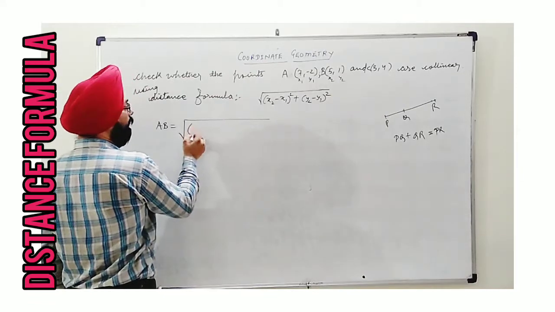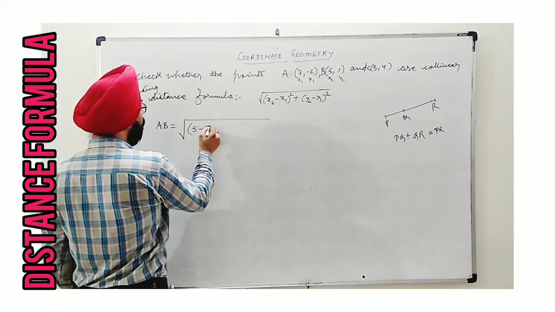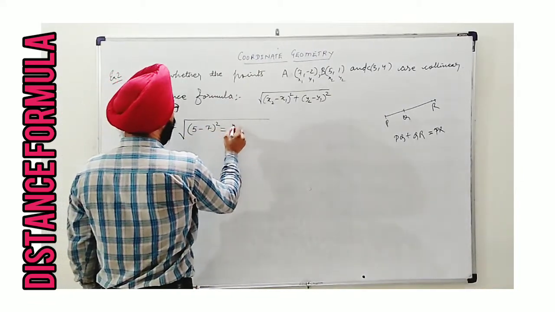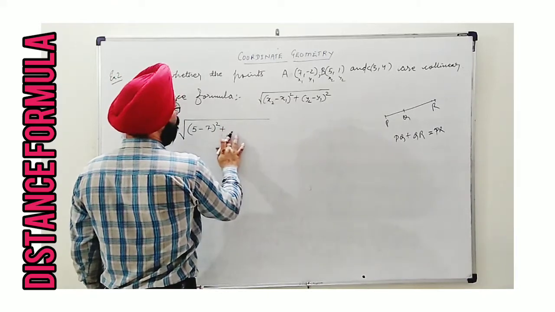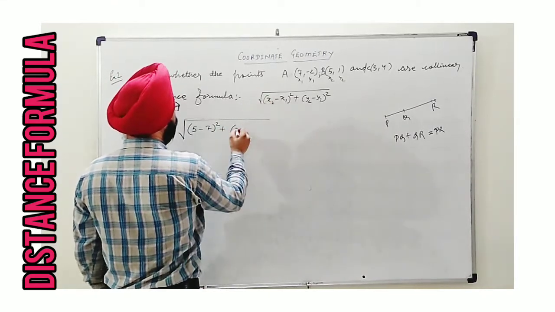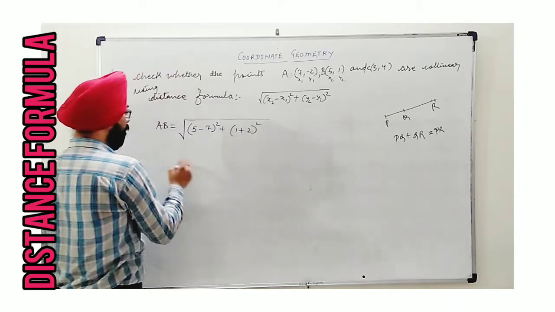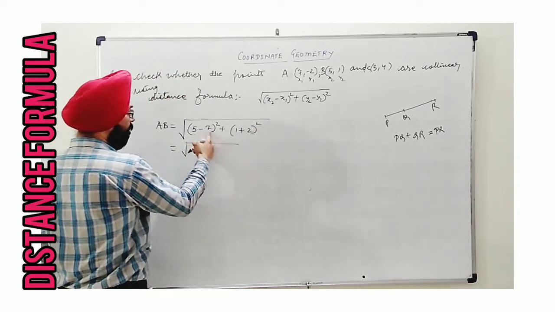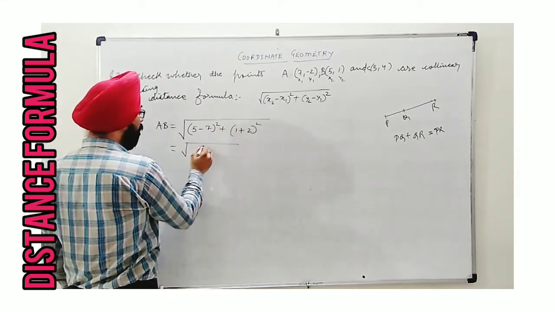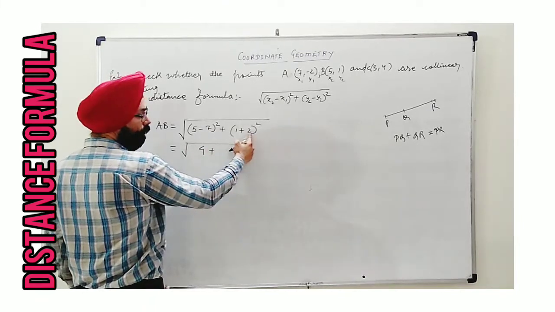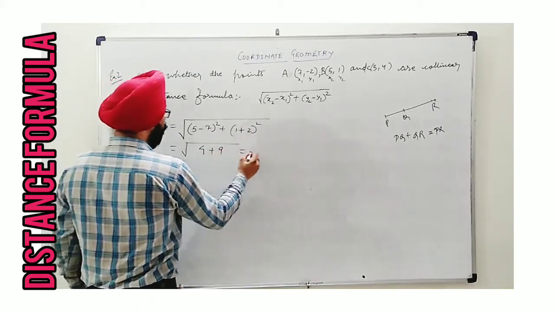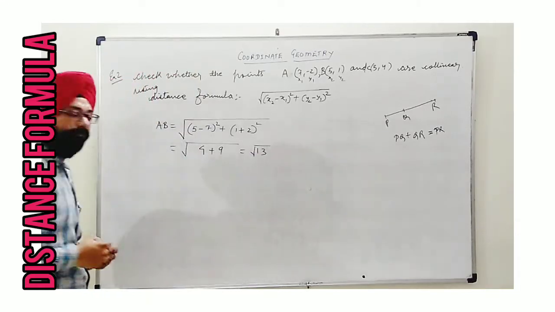So we can say that this will be 5 minus 7 whole square plus 1 minus minus 2. So 1 plus 2 whole square. Simplify, we get difference of 5 and 7 is 2. 2 square will be 4. This 1 plus 2, 3. 3 square is 9. So we get root 13.